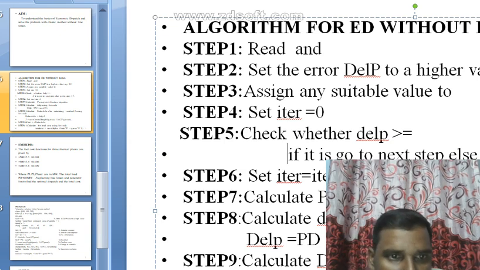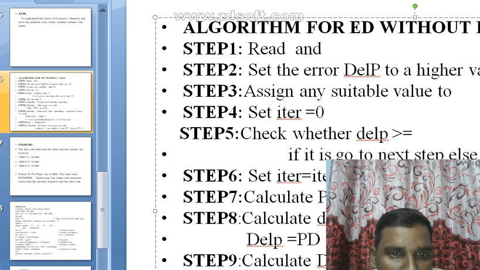Step 6, start the iteration count plus 1. Next, calculate P using the coordination equation. Here P means power. Next, calculate the demand mismatch, that is, the maximum demand PD minus the sum of the power P. Next, calculate d lambda after calculating the residual J using this formula.